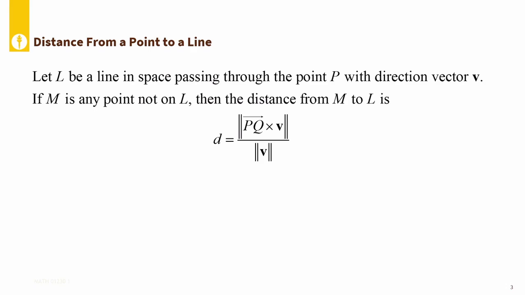We have a line L, passes through point P with direction vector v. If M is any point that is not on the line, the distance from M to L is the magnitude of the directed line segment, that should be PM, cross v over the magnitude of v.